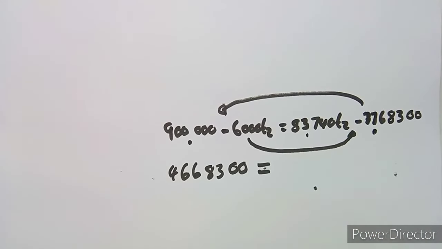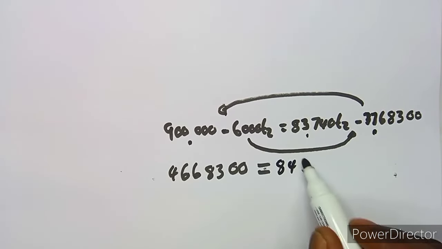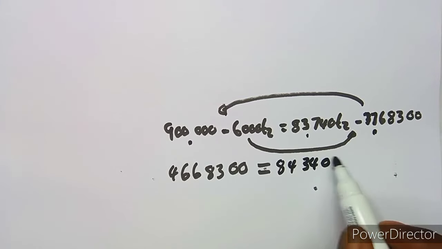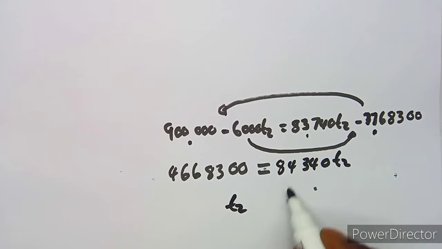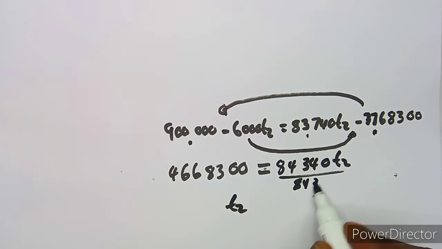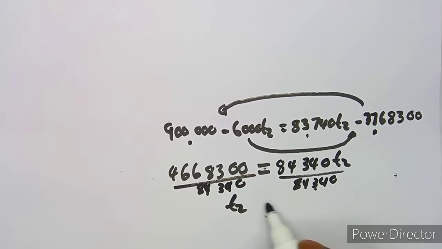So that's gonna give us 8 4 3 4 0 T2. All right, so you just transpose properly, then you divide by this value here, 8 4 3 4 0.